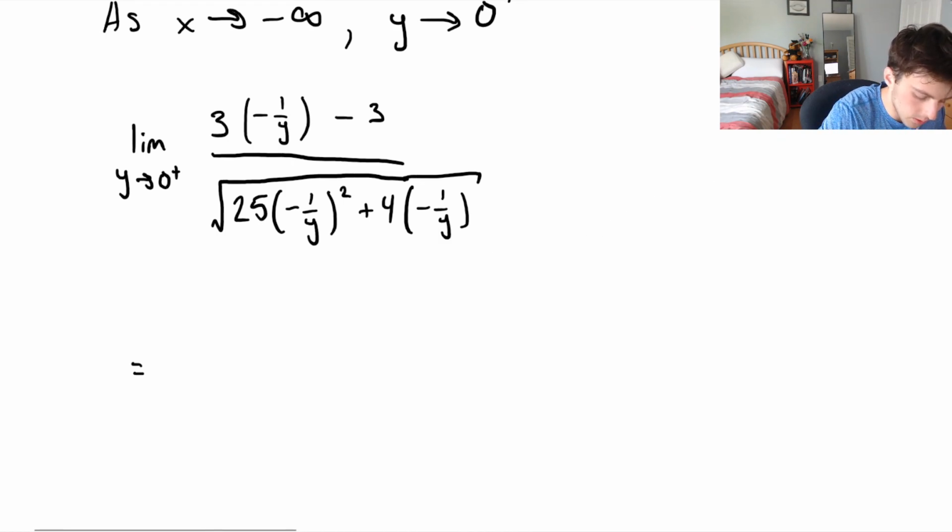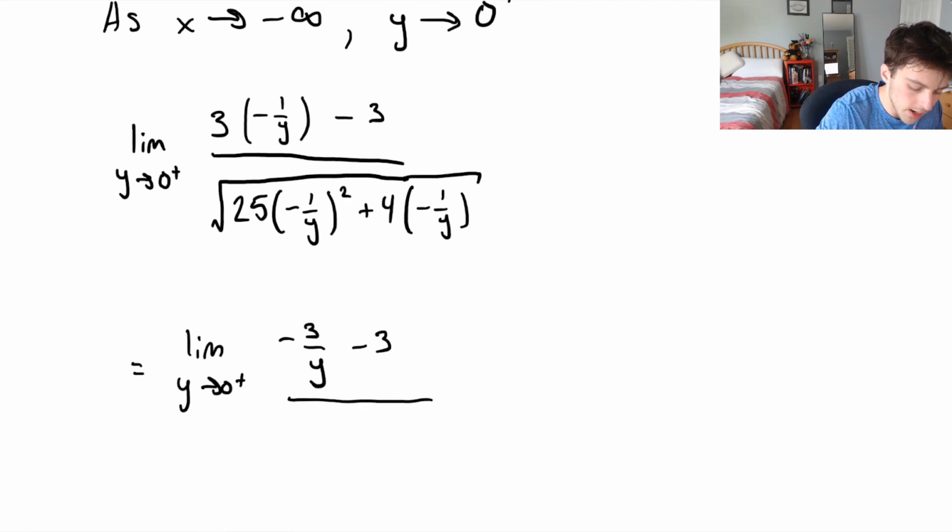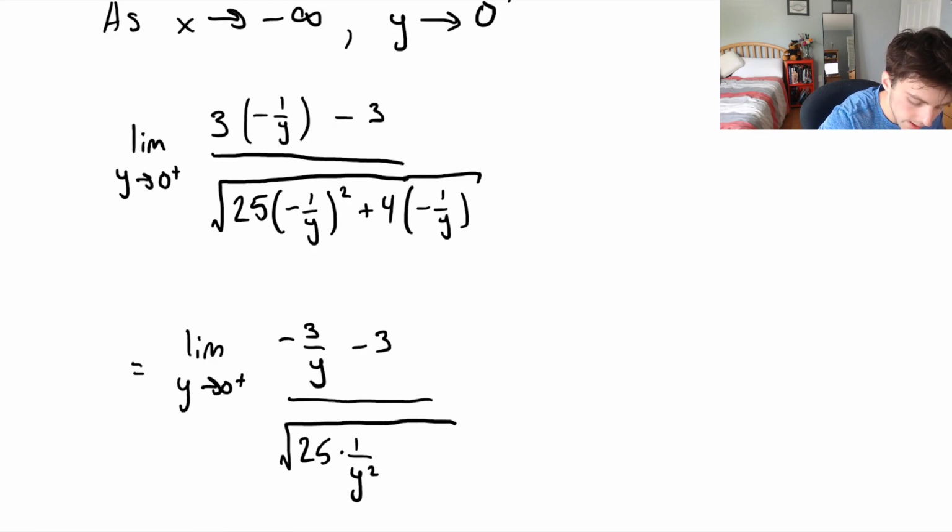This is going to be equal to the limit as y approaches 0 from the positive side, we've got negative 3 over y minus 3 divided by, this is going to be the square root of 25, and then this negative squared is going to be positive, and then we'll have times 1 over y squared. And then this is going to be minus 4 over y, right?